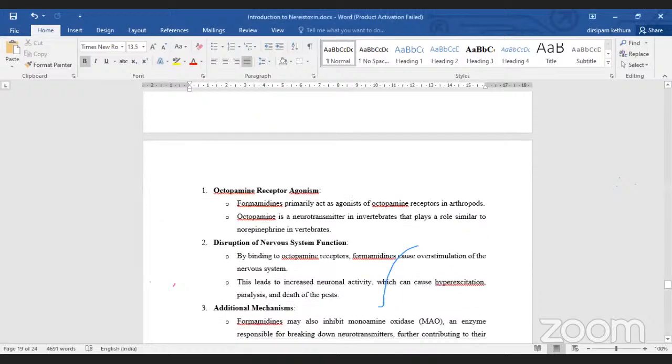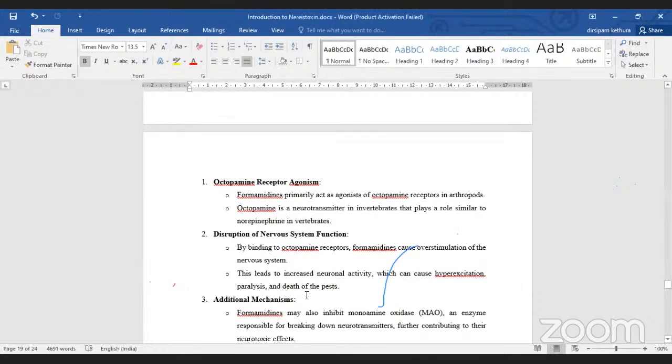Okay, how exactly does it work? The formamidins primarily act as agonists of octopamine receptors in arthropods. And octopamine is a neurotransmitter in invertebrates, which plays a role similar to norepinephrine in vertebrates.